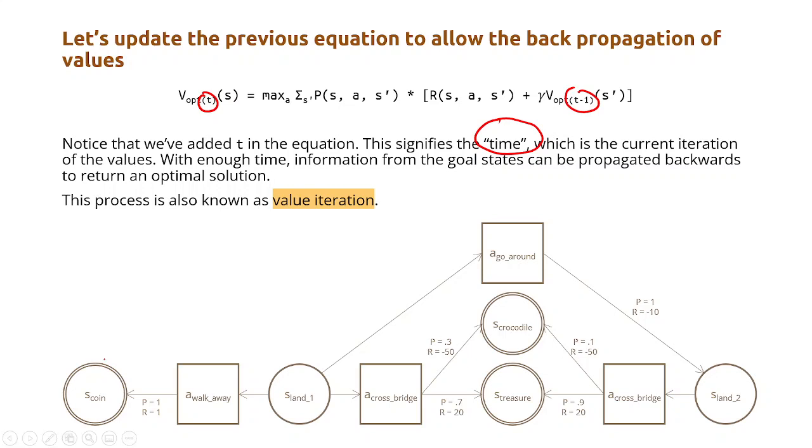However, the values of the states that are not final states will change depending on how the values are being propagated. So basically, the values that we're going to calculate are S1 and S2. So again, we will calculate the values of S1 and S2 only.